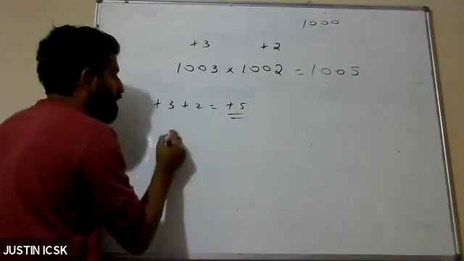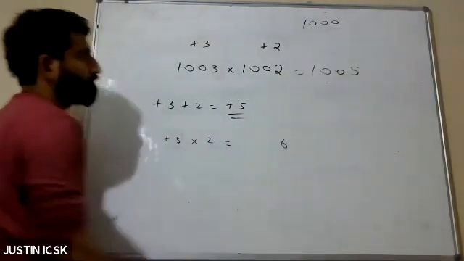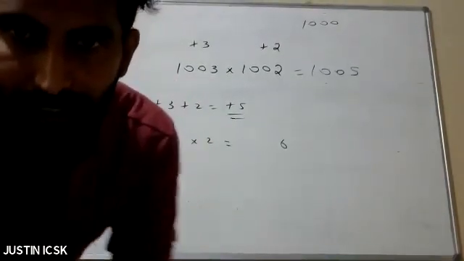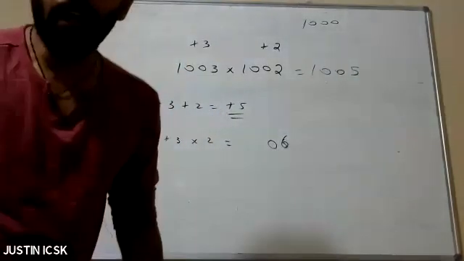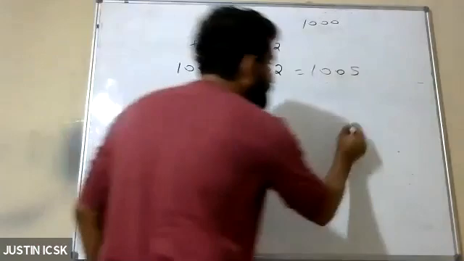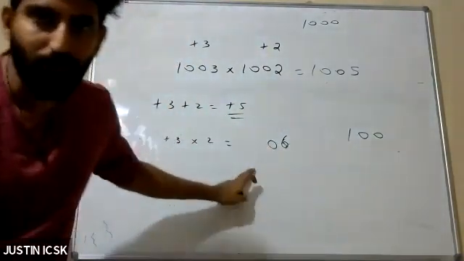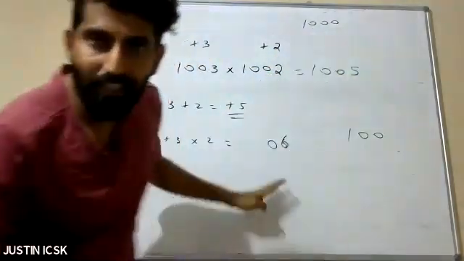Now we will multiply 3 into 2. We get 6. Previously we would write only 06, because 100 has only 2 zeros. That's why there are 2 digits. Here 1000 has 3 zeros, so here we need 3 digits.